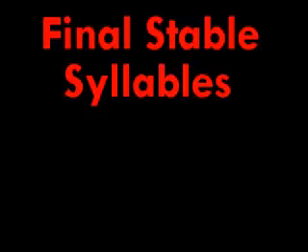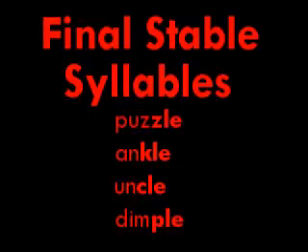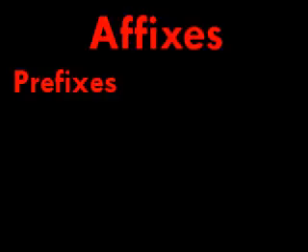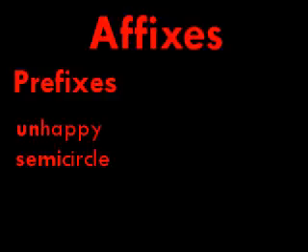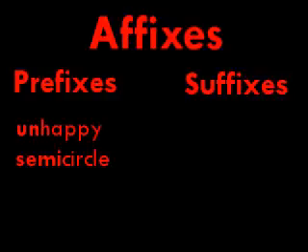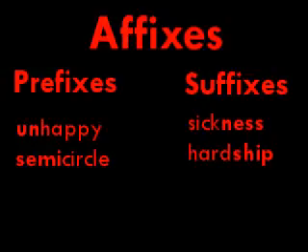14. Final stable syllables. This is when a word ends with a consonant and then the letters L and E. Some examples are puzzle, tickle, uncle, and dimple. 15. Affixes. This includes prefixes like unhappy and semicircle, and suffixes like sickness and hardship. 16.